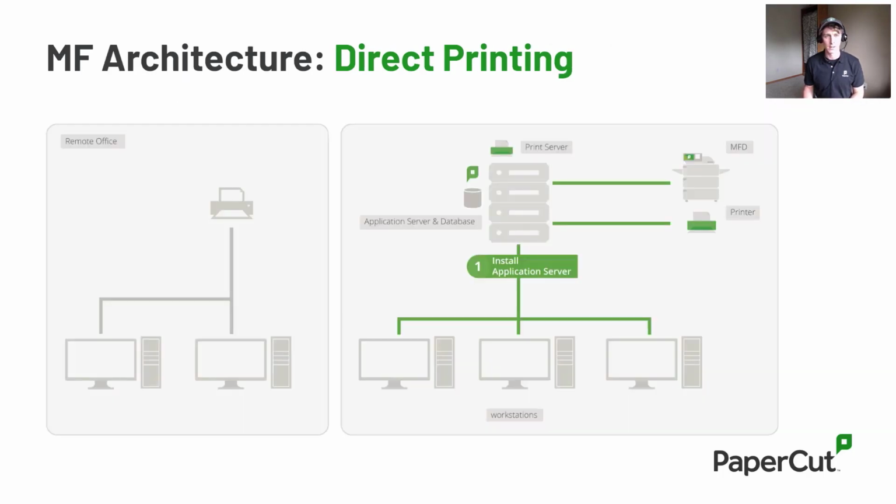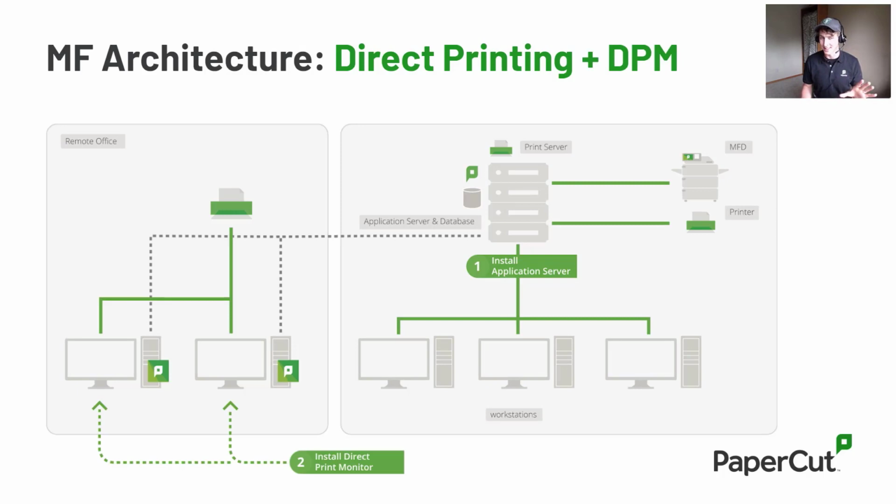So cool. So without direct print monitor, you're kind of blind to any USB printers or any direct IP printers that are taking place or that are configured in the environment. You've got your app server running on a print server, for instance, maybe more of a hybrid environment where some people are using a print server and others are not. When you add the direct print monitor, suddenly each of these print providers is talking back to the app server.